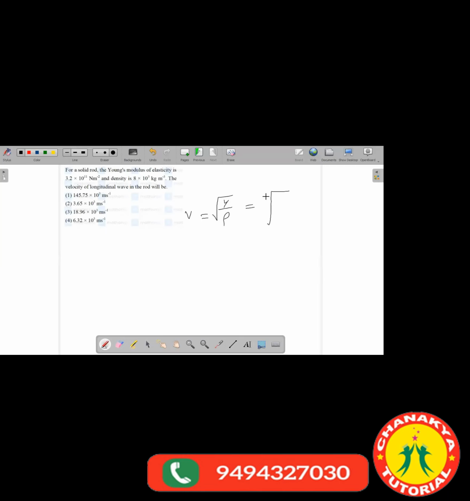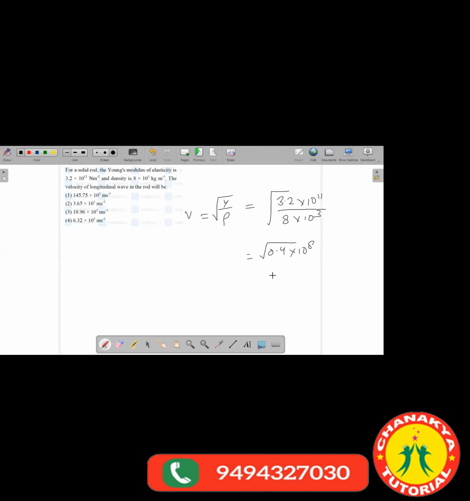Young's modulus is given as 3.2 multiplied by 10 to the power 11, divided by density, which is 8 multiplied by 10 to the power 3. If you divide, you get under root of 0.4 multiplied by 10 to the power 8.